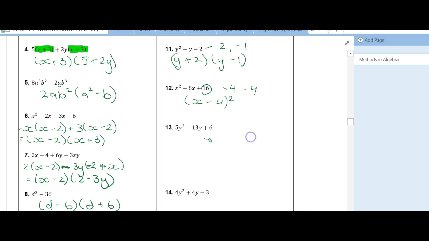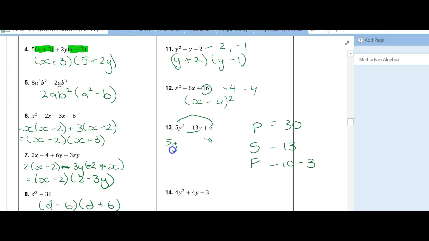All right, this one here, people do this a whole lot of different ways. I'm going to use the PSF method. What is the product of the first and the last? 30, and gives me a sum of minus 13. Well, minus 10 and minus 3 do. Minus 10 times minus 3 gives me 30, and minus 10 minus 3 gives me minus 13.